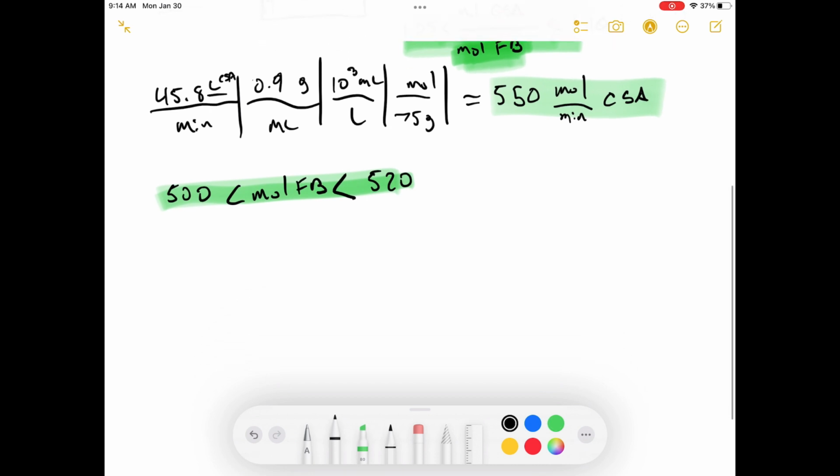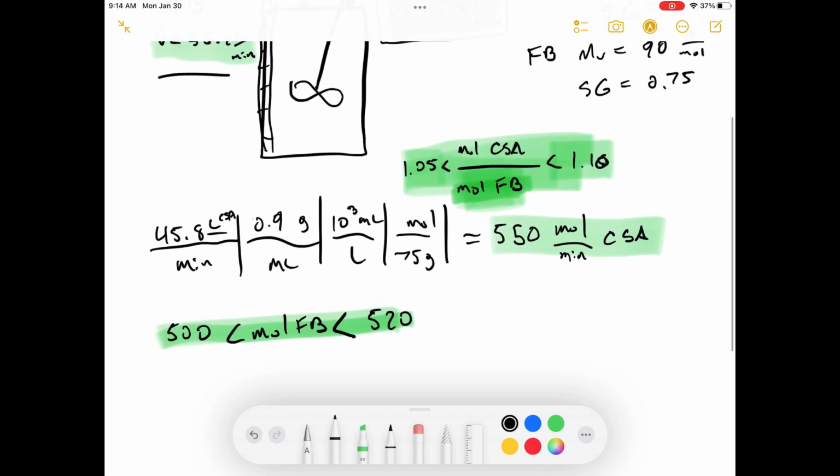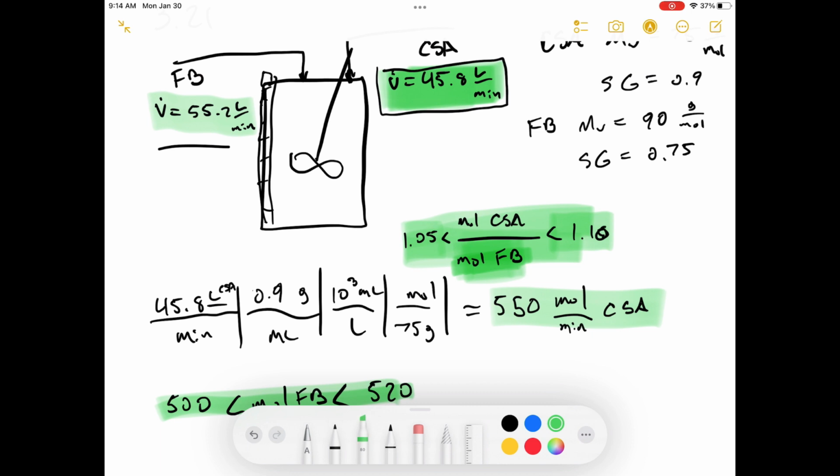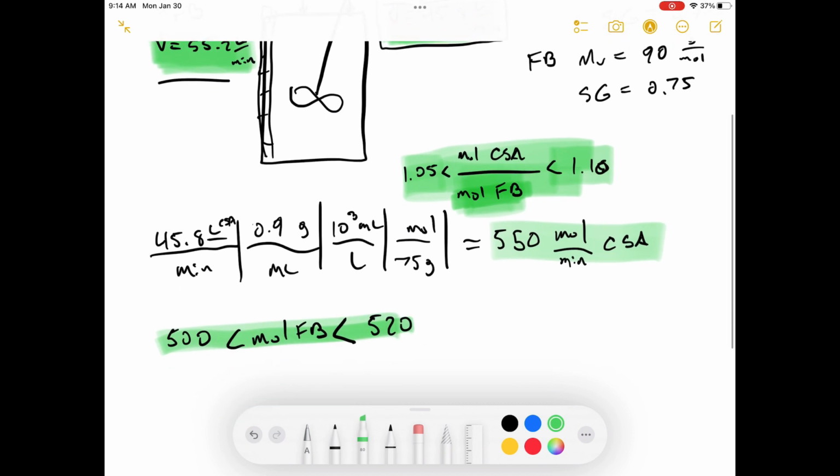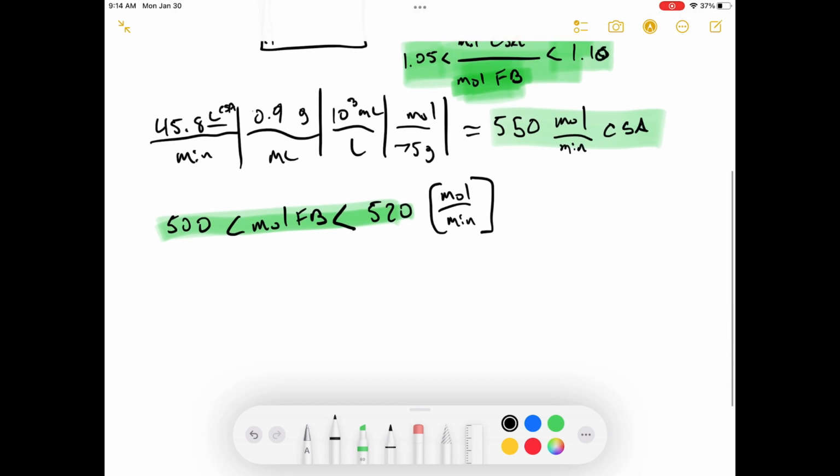So now we need to find out what she actually set it at right here. So let's convert that into a molar flow rate. First, let me put the units here. This is in moles per minute. Okay.